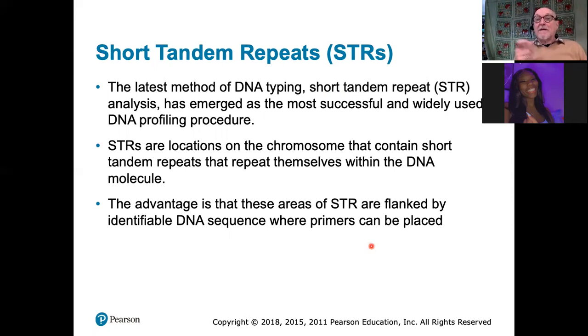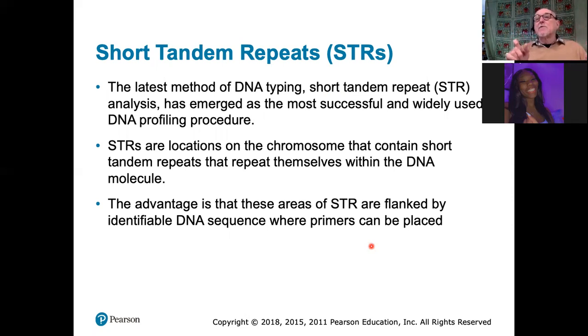Short tandem repeats are very short, often 4 or 5 bases long, repeating over and over again. Many sites have been identified in the human genome, and the flanking DNA has been sequenced, so we know what primers to design.